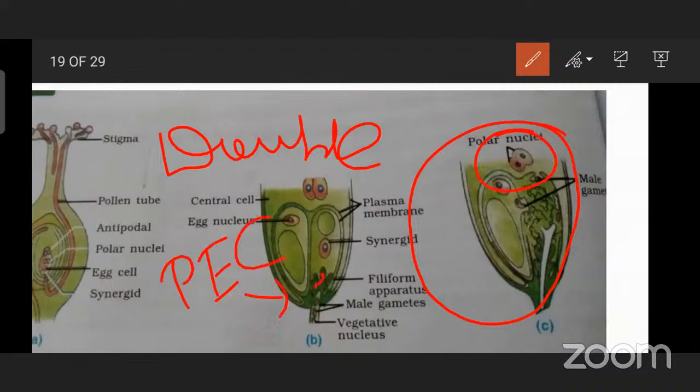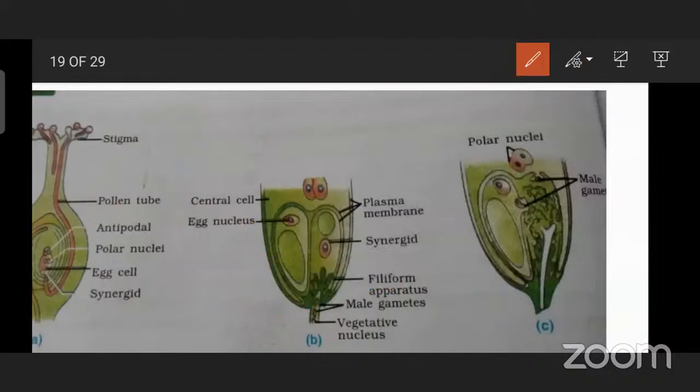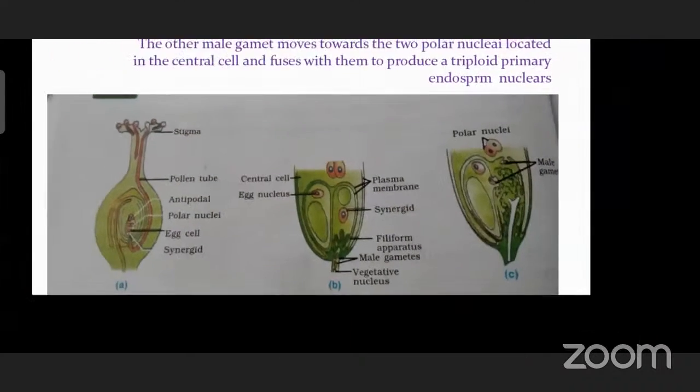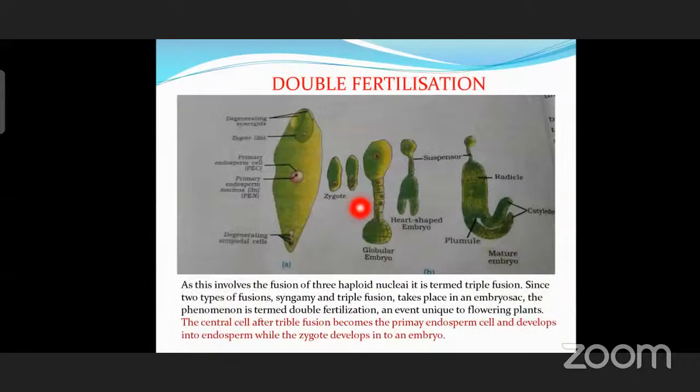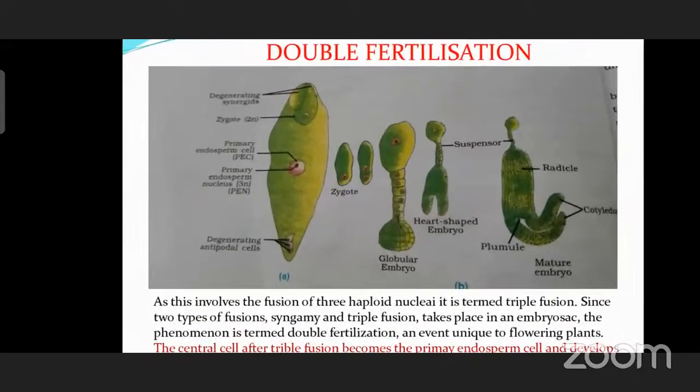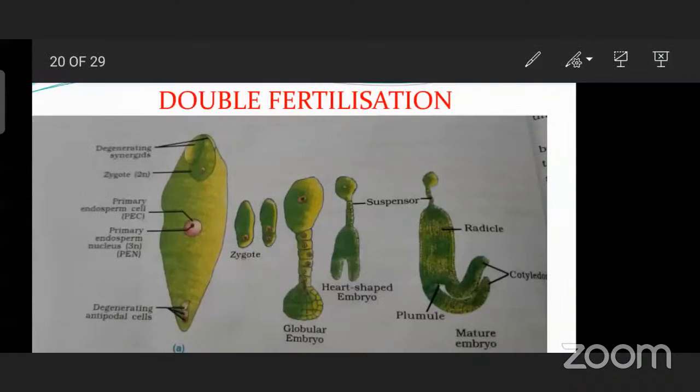This develops into endosperm, while the zygote develops into the embryo. See here, endosperm, this is the embryo sac. So the primary endosperm nucleus forms the endosperm, and the zygote develops into the embryo.